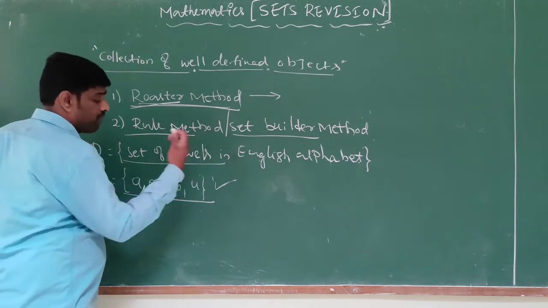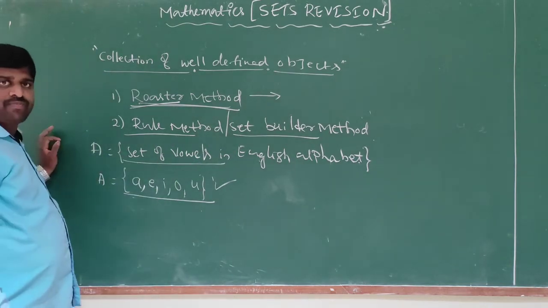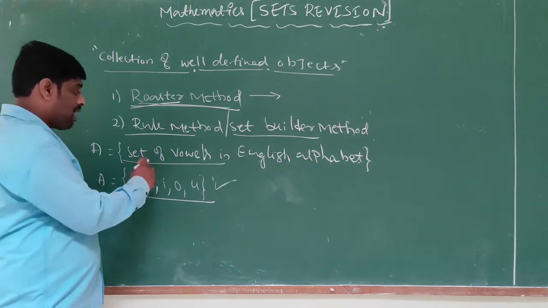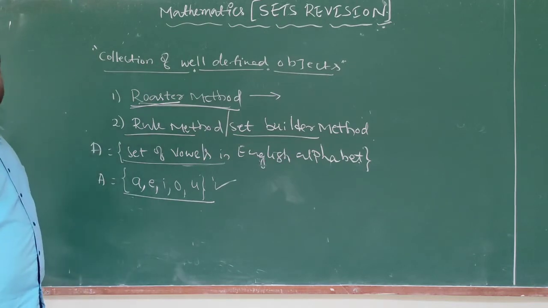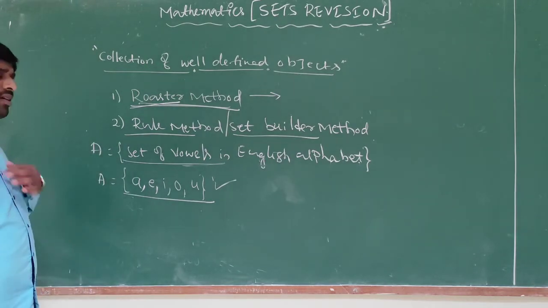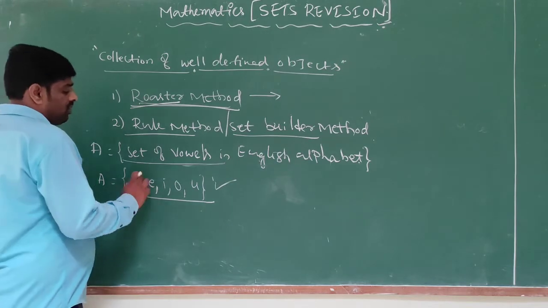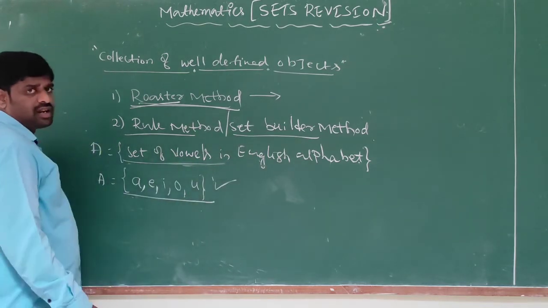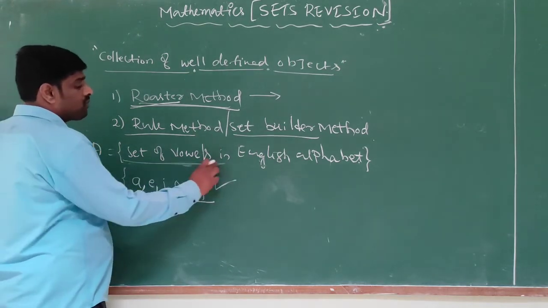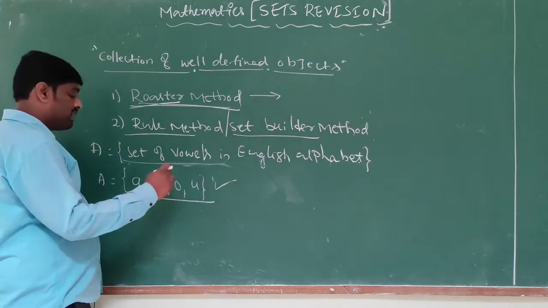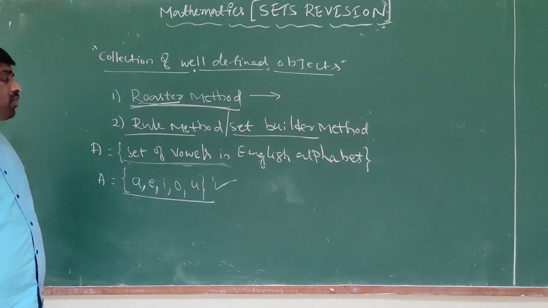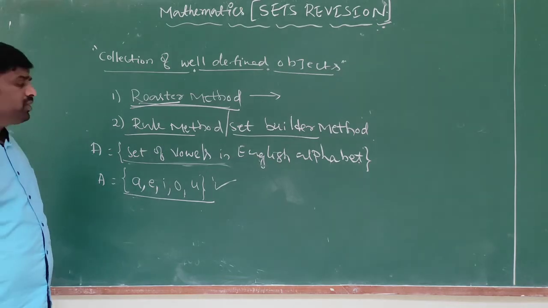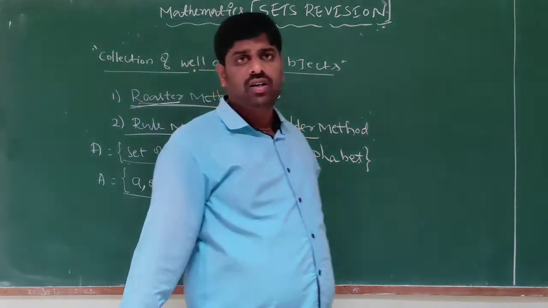This is the rule. The set of elements possesses a single common property and does not possess any element outside the set. This is called set builder method or rule method. These two are representations of sets.